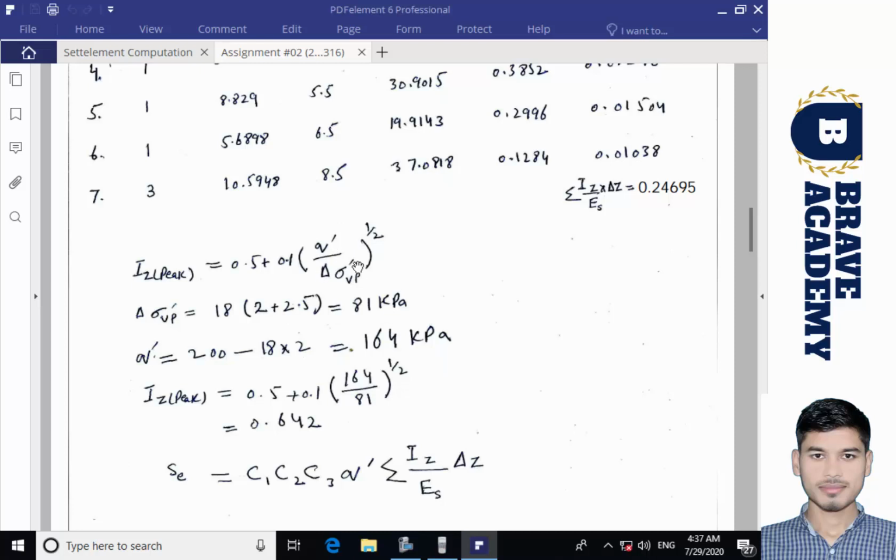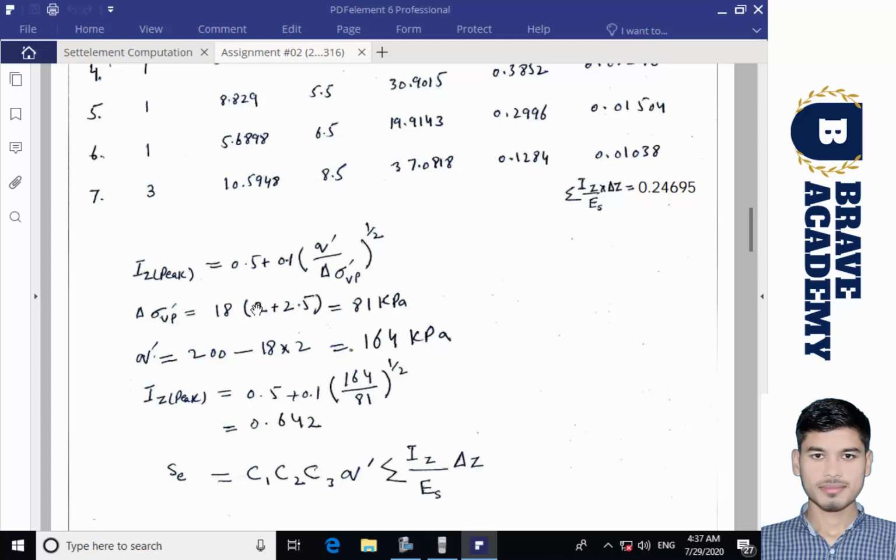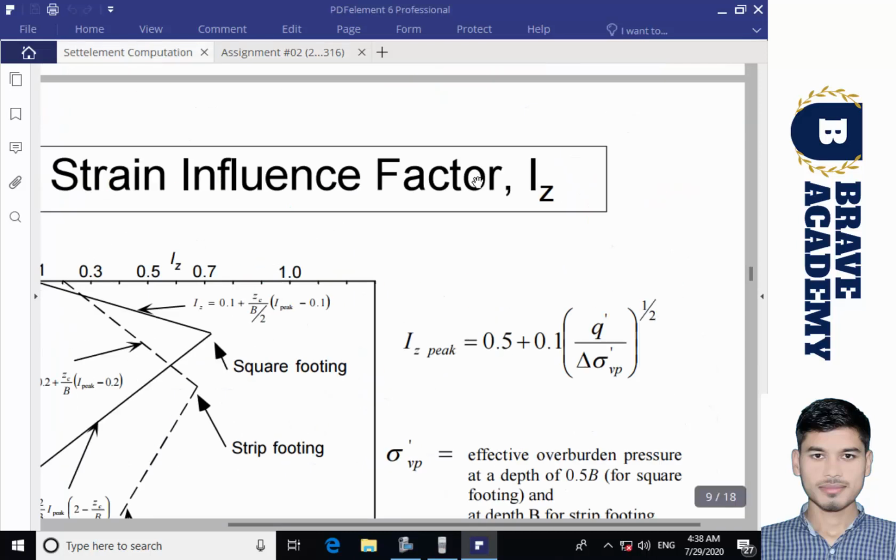This is the effective overburden pressure at a depth equal to 1B. You can see here the effective overburden pressure is at a depth 0.5B for square footing and 1B for strip footing. In our case the breadth is 2.5. So 18 into 2 is the depth of footing, and 2.5 is the breadth of footing.